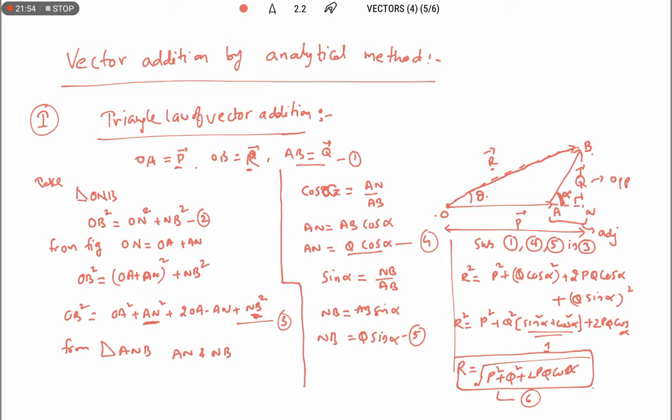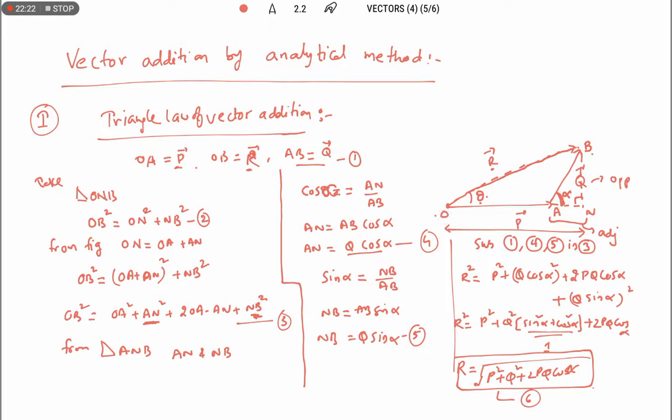The angle made by the resultant is theta, and the angle between the horizontal and the vector Q is alpha. Right, I am using the right angle triangle ONB. I am going to write Pythagoras theorem: OB square is equal to ON square plus NB square. So again, ON is nothing but what?